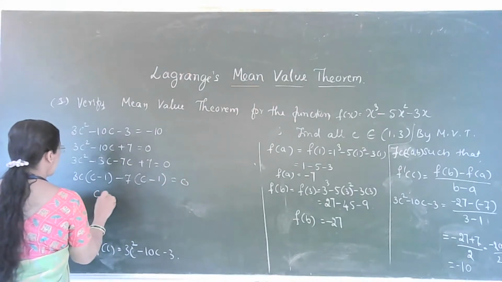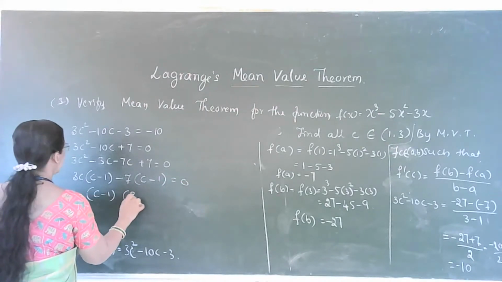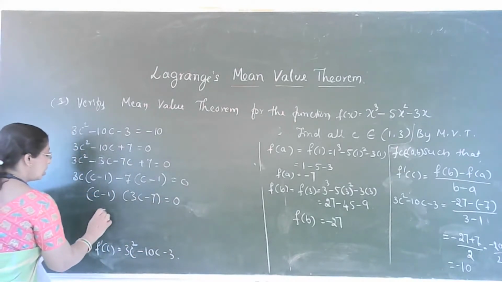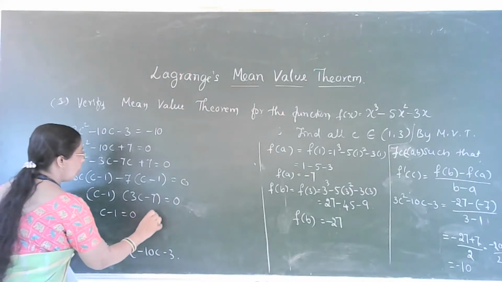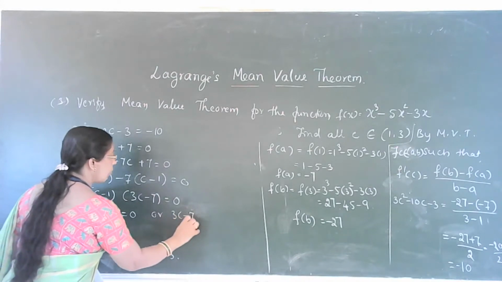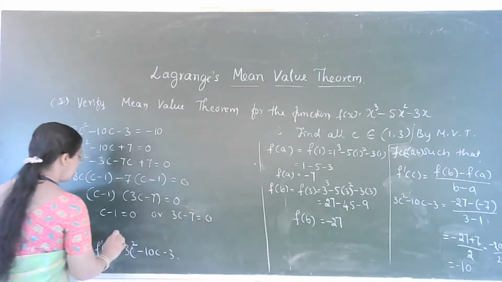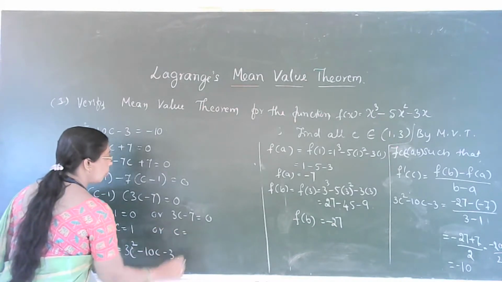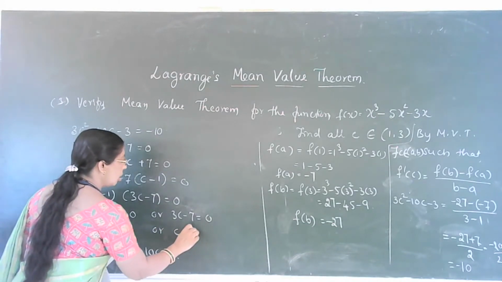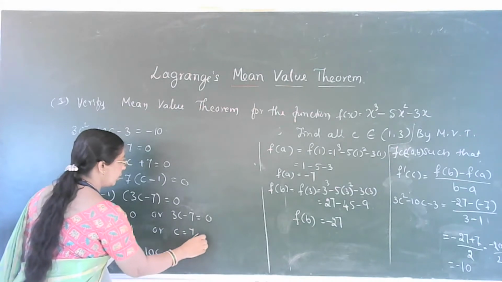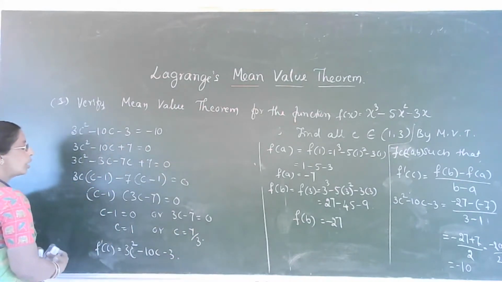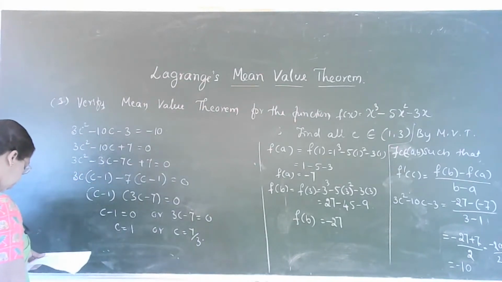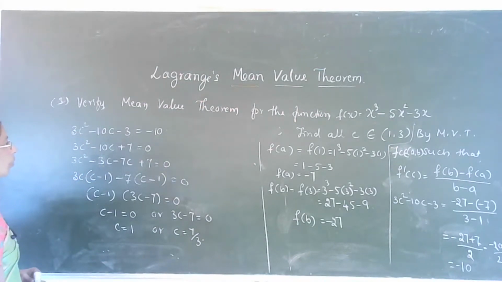Therefore (c minus 1)(3c minus 7) is equal to 0. c minus 1 is 0 or 3c minus 7 is equal to 0. c is equal to 1 or c is equal to 7 by 3. Here c is equal to 1 and c is equal to 7 by 3.